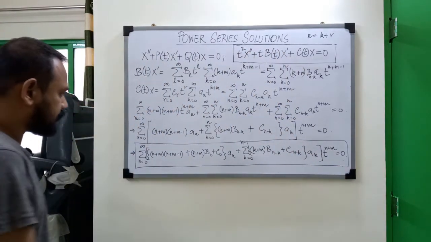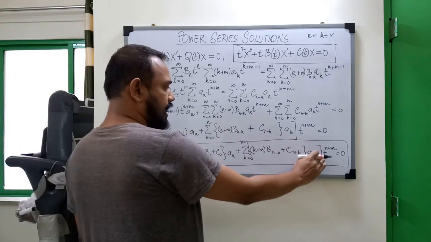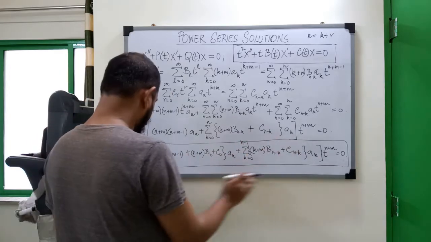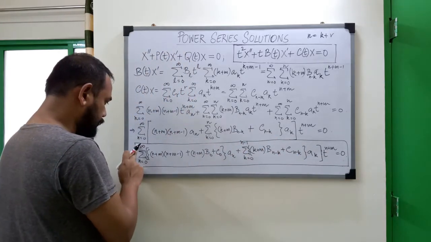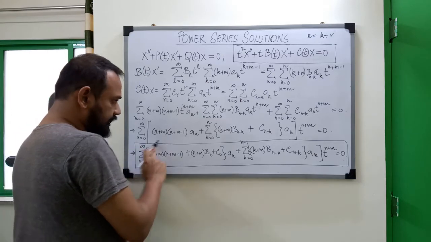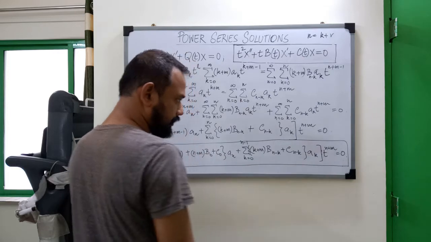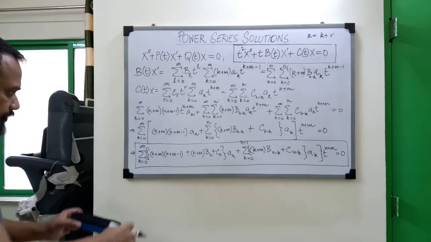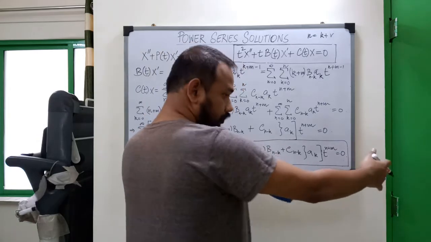You see, this tells you that on the left hand side you have a power series, where there's a summation going from 0 to infinity. This entire thing inside the bracket is a coefficient of t to the n plus m. So this is a power series on the left hand side and a 0 on the right hand side, which is a 0 power series.